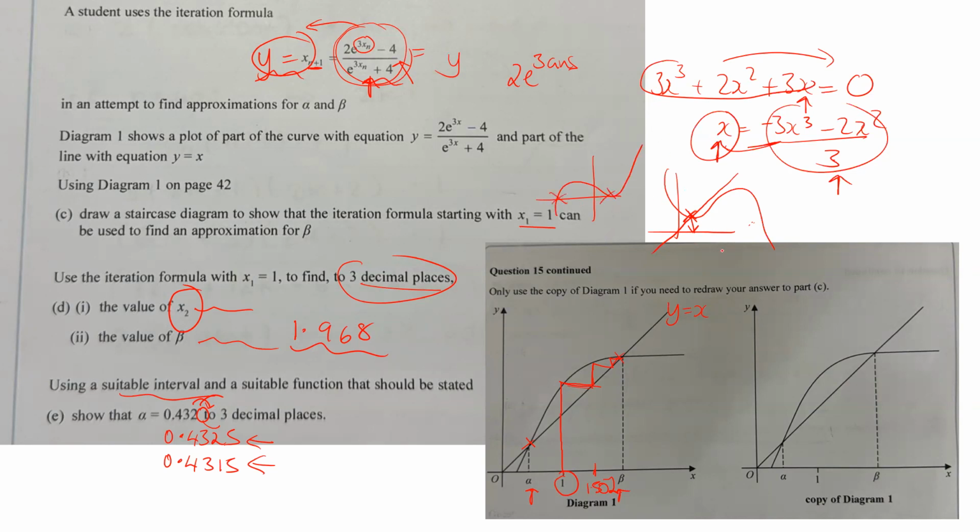These aren't the proper graphs, but I'm hoping you can see what I'm trying to get at. Because we've separated it out and made x the subject, you're always going to be drawing y equals x, and then what's on the other side is going to be the other graph.